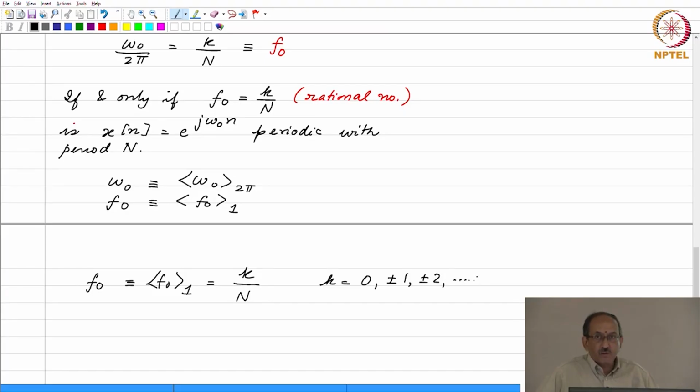But because f naught is the same as f naught mod 1, you need to restrict yourself as far as k is concerned. What is the value of k that you need to consider?